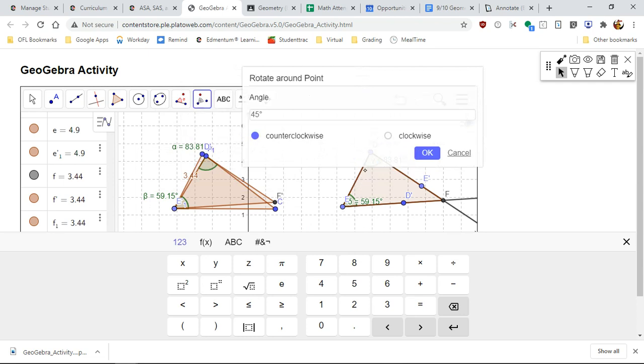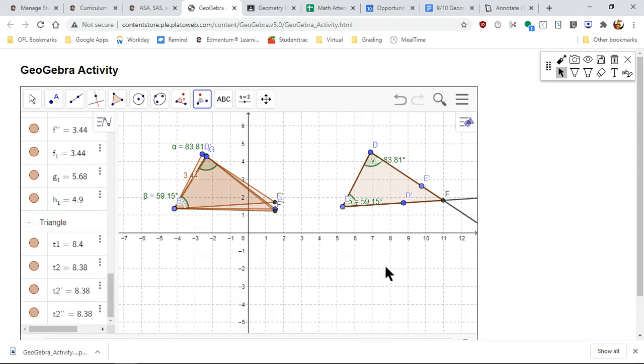And you're going to kind of have to guess your angle a little bit. So I want it to rotate a little bit like that. I want it to rotate clockwise, because if I did this, it would be clockwise. So first of all, I'm going to rotate it clockwise. I'm going to try rotating it very little at first. So I'm going to try 5 degrees. See if that works.